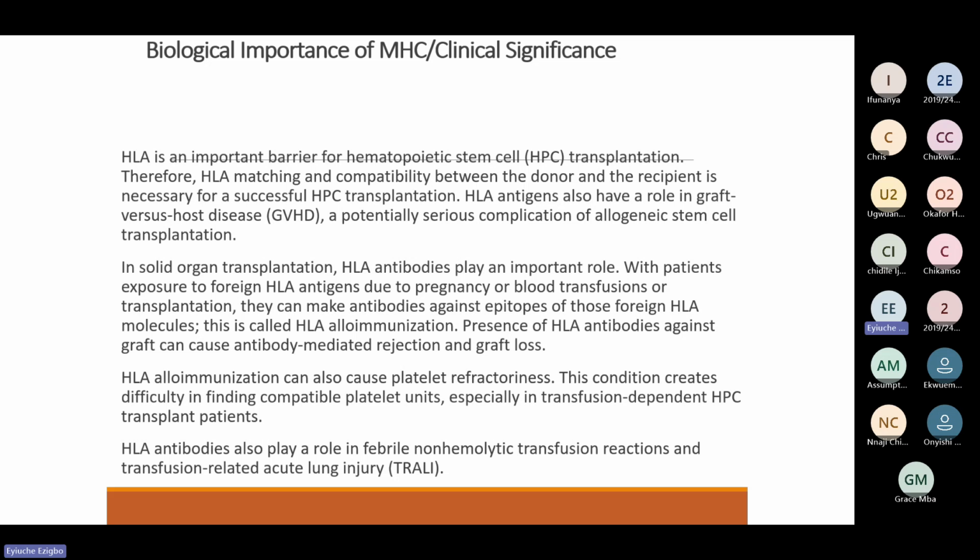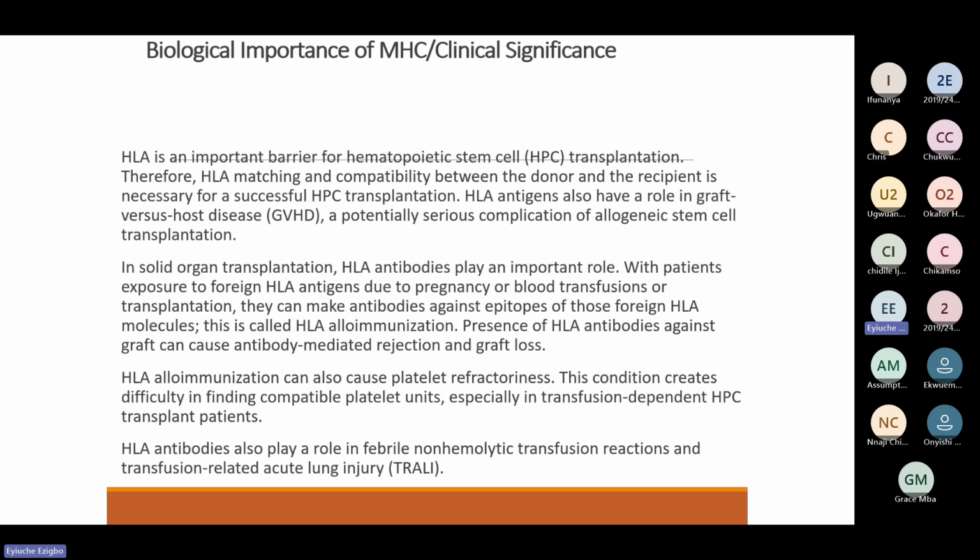Also, in solid organ transplantation, like transplanting a heart or kidney, the HLA system plays a very important role because some individuals, due to pregnancy or blood transfusion or transplantation, make antibodies against some of these HLA antigens. Also, HLA alloimmunization can cause platelet refractoriness.